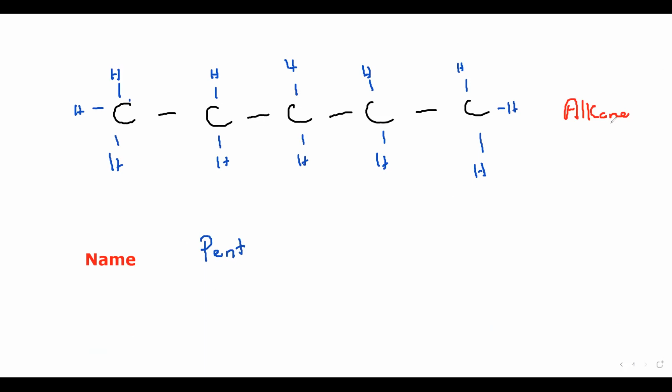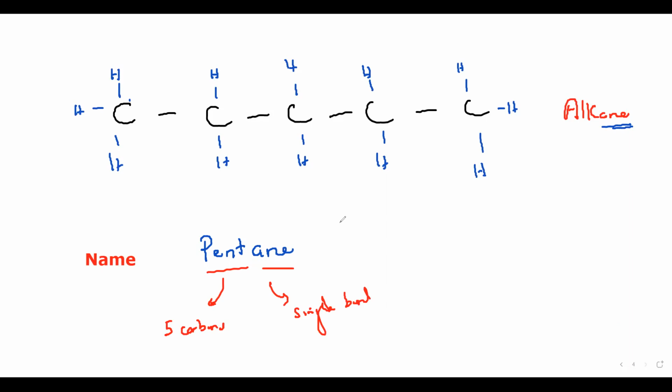And because it is an alkane, the name should end at A-N-E. So it is pentane. Pent because of 5 carbon, and ane because they have a single bond throughout between the carbon atoms.